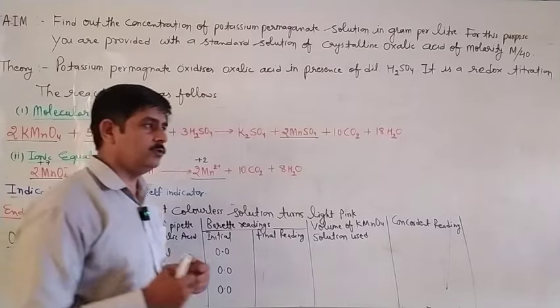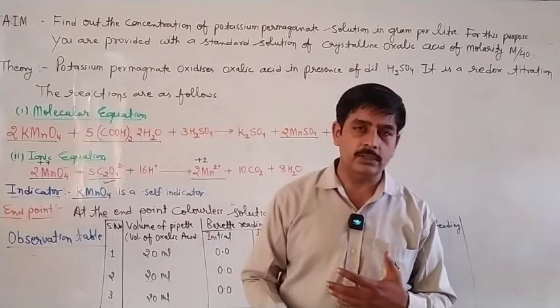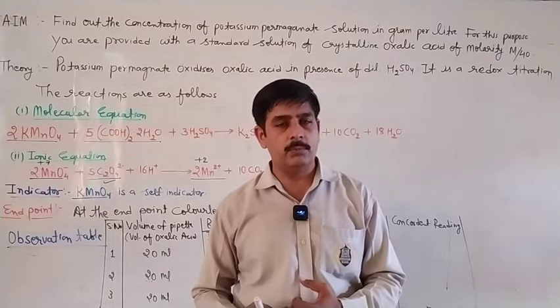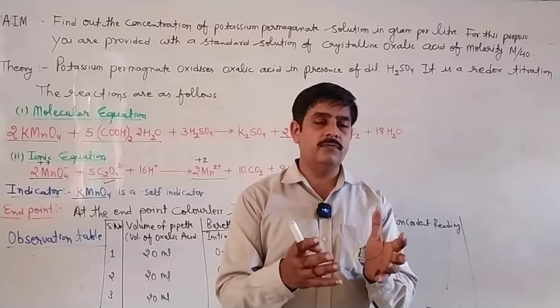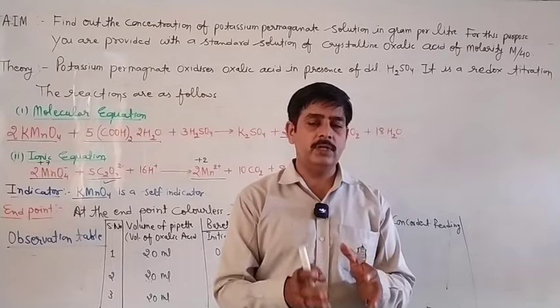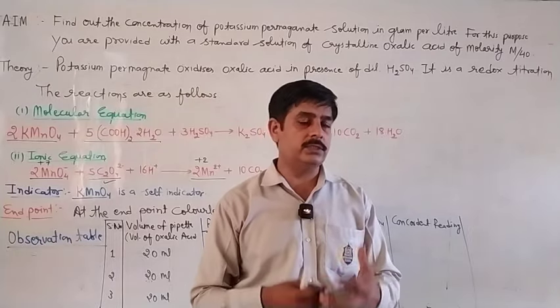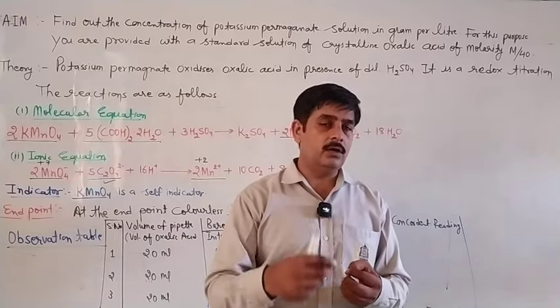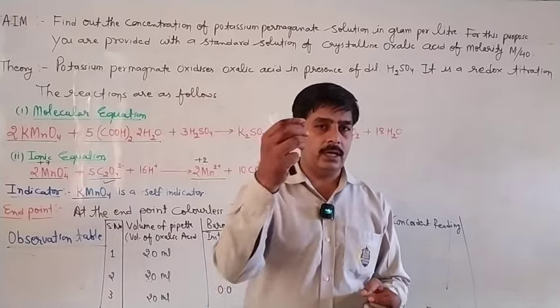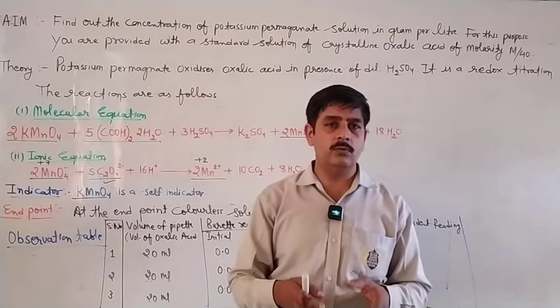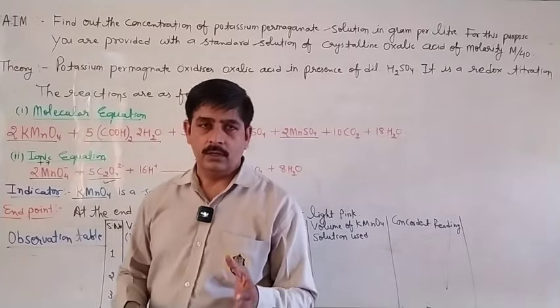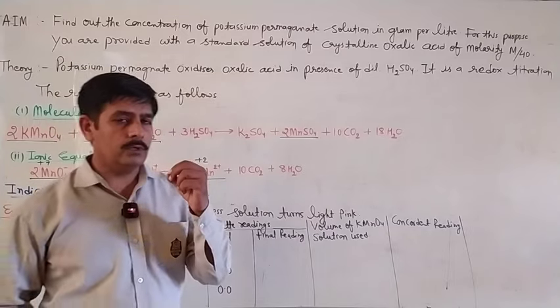When you perform the titration between oxalic acid and KMnO4, the color of KMnO4 is purple, and when you add KMnO4 solution drop by drop into the colorless oxalic acid solution, the color disappears instantly as soon as it comes in contact with oxalic acid.